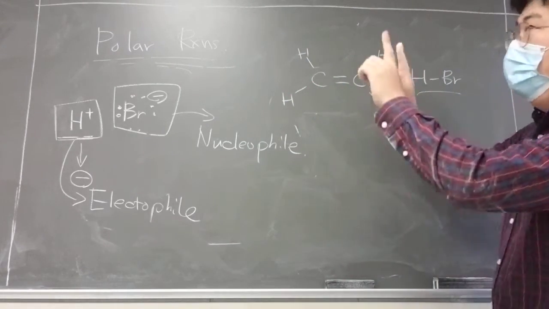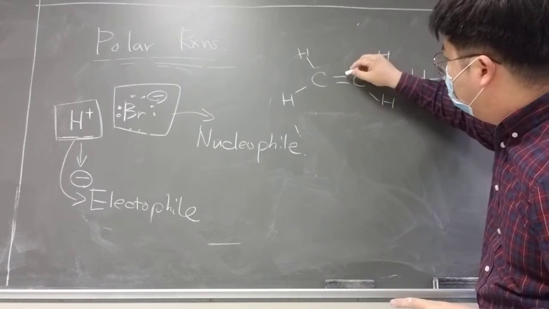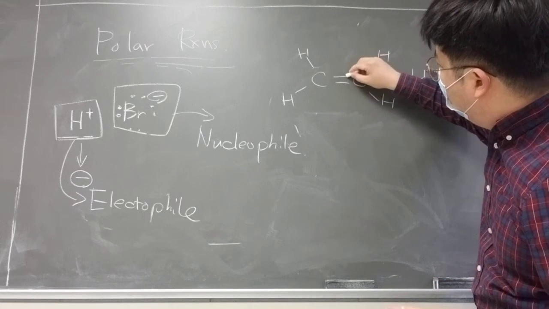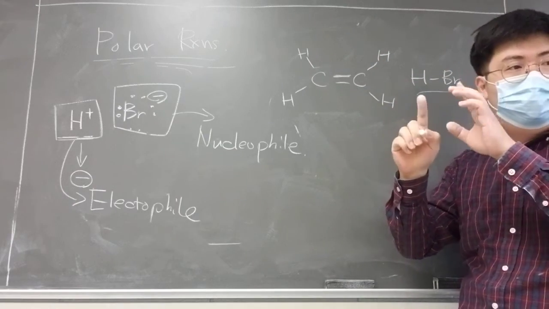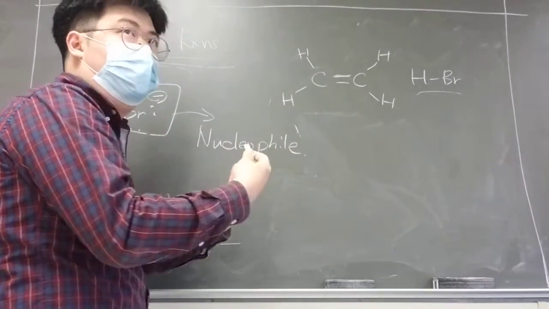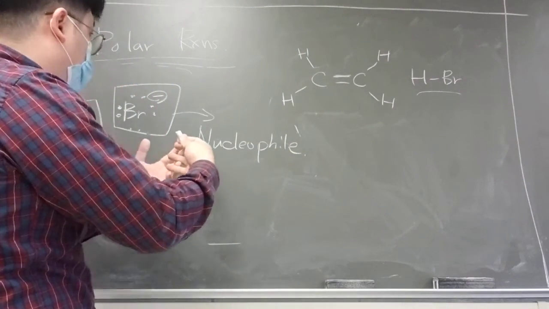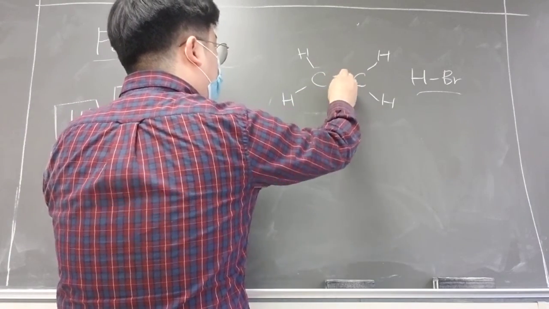So here's the thing. Like I mentioned, the electrons in the pi bond are more available. They can actually work like a nucleophile, so they try to look for something positive here.